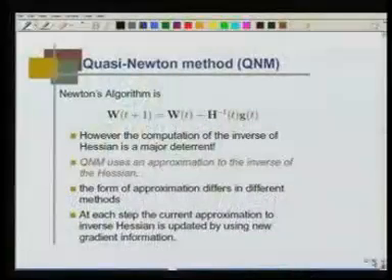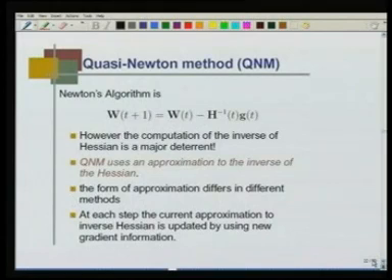Instead, it computes an approximation of the inverse of the Hessian matrix H through an iterative method. Newton algorithm is Wt plus 1 equals Wt minus H inverse t Gt, where H is the Hessian matrix, and as we discussed, the computation of this is really very difficult, because the matrix order is very large, it is always of the order of 1000 dimensions. The computation of the inversion of the Hessian matrix is a major deterrent.